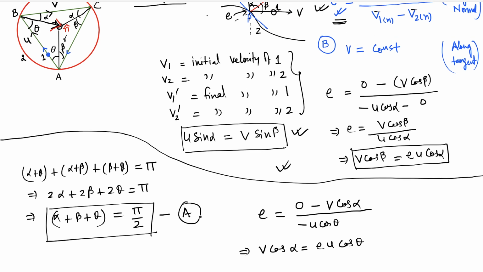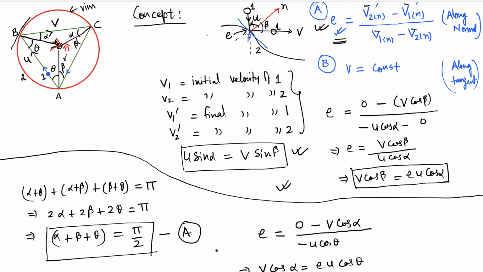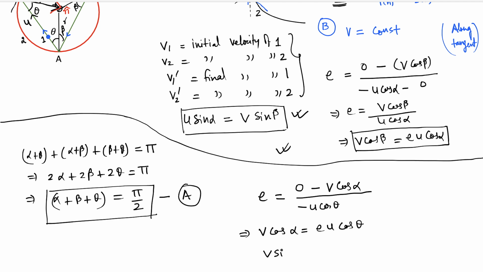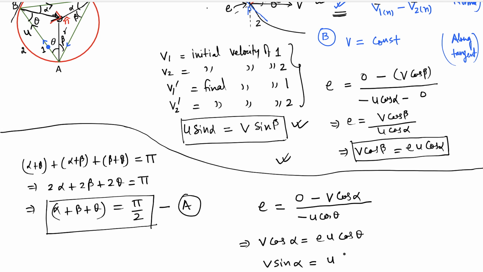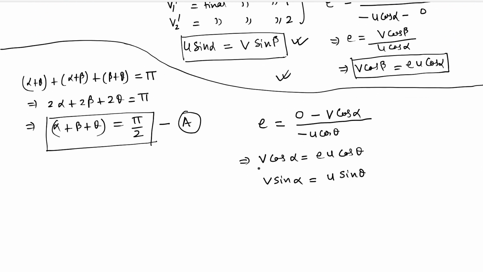Then we also know that along the tangent the velocity is not going to change, which means v sin alpha is equal to u sin theta. Now let's eliminate v from these two equations.